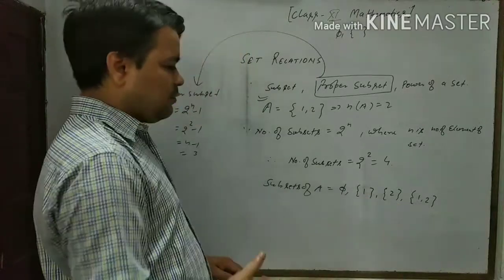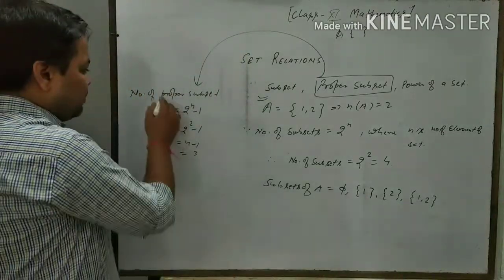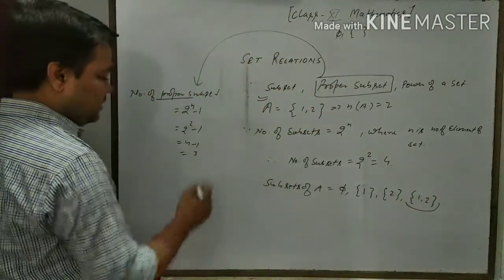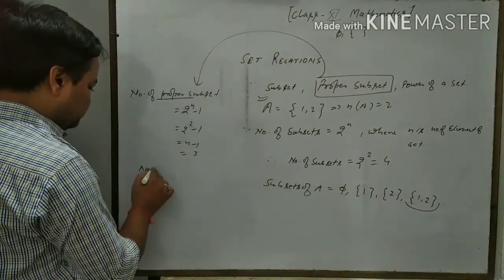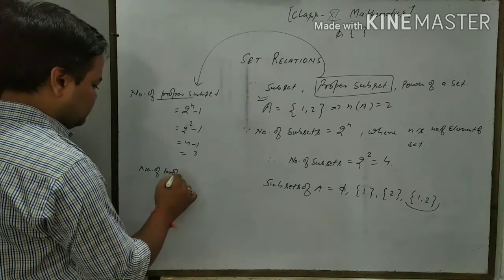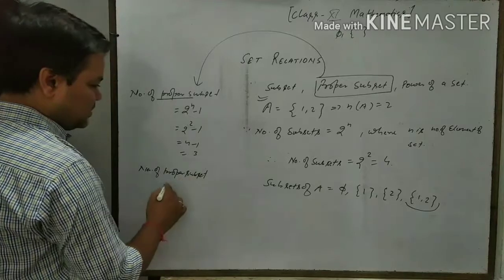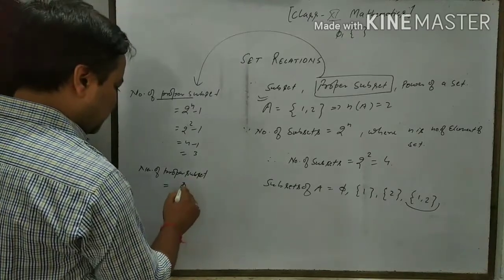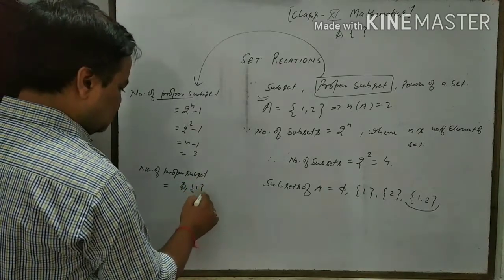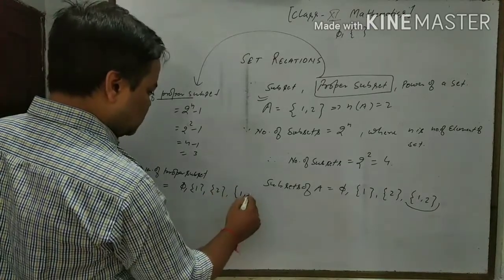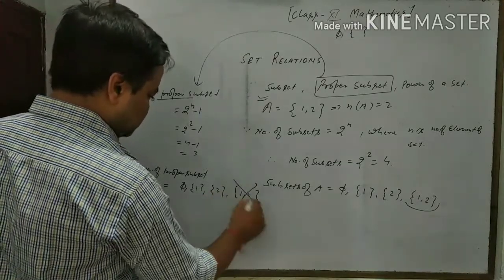So therefore in proper subset we should not write this. The proper subsets are what? Phi, here {1}, and here {2}. Okay, {1, 2}, but don't write this.